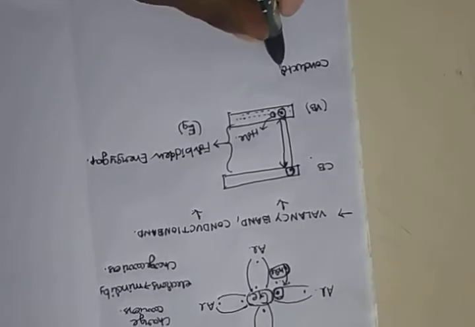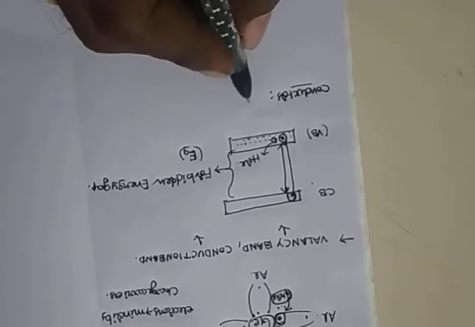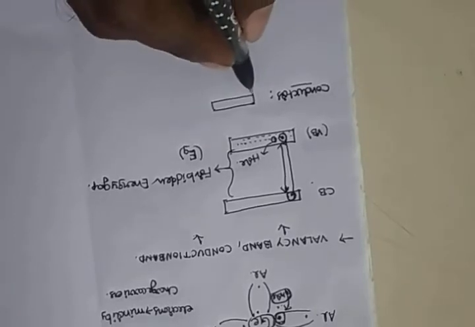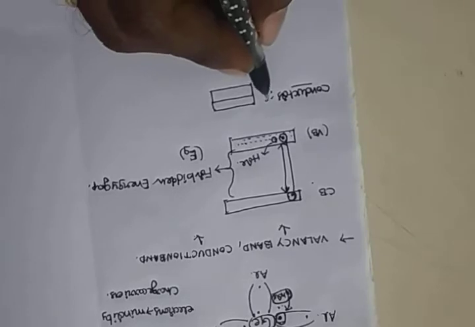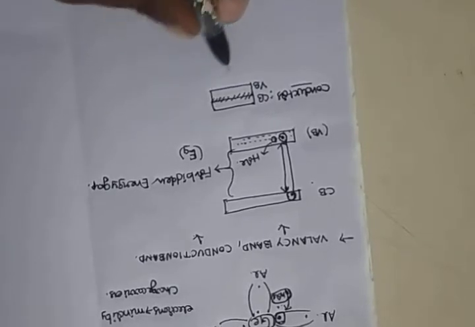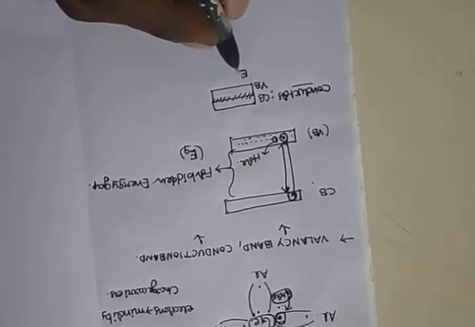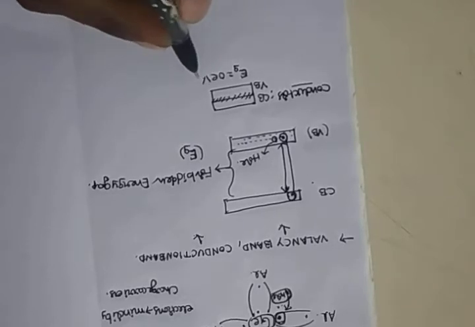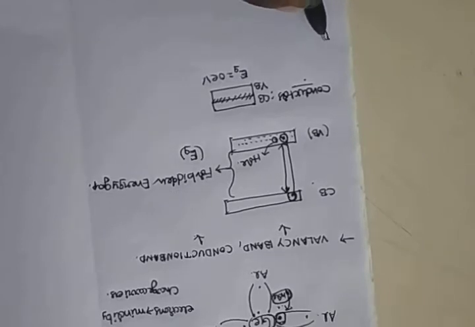This forbidden energy gap in the case of conductors: there is no forbidden energy gap between the valency band and the conduction band. That means both are overlapped together, so the forbidden energy gap is equal to 0 electron volt in the case of conductors.